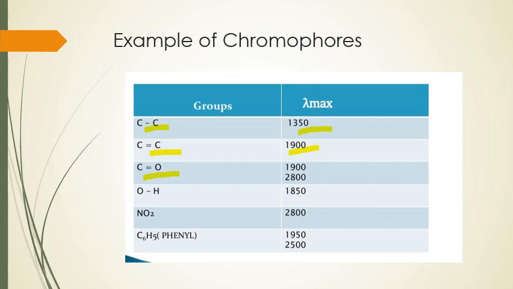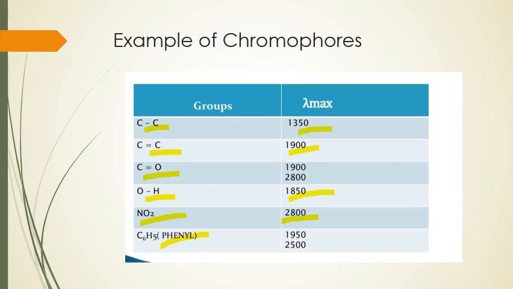Then the alcoholic group, the nitro group, which is a chromophore, and the phenyl group also show absorption at their characteristic lambda max, the maximum wavelength of radiation absorbed in the UV-visible range. So these are all chromophores.